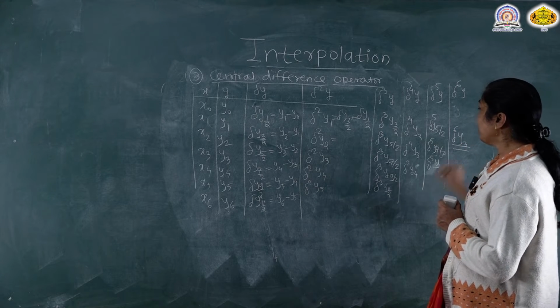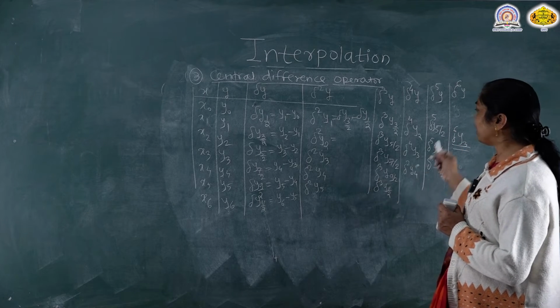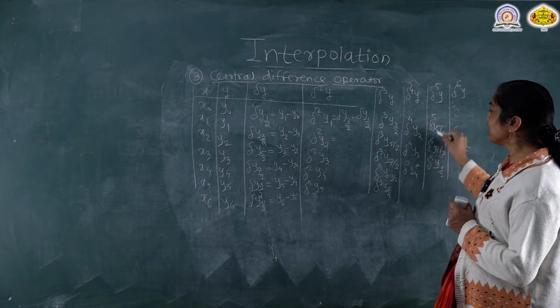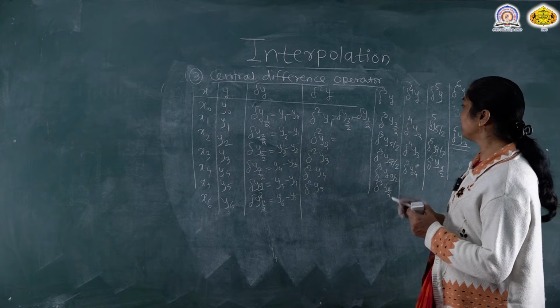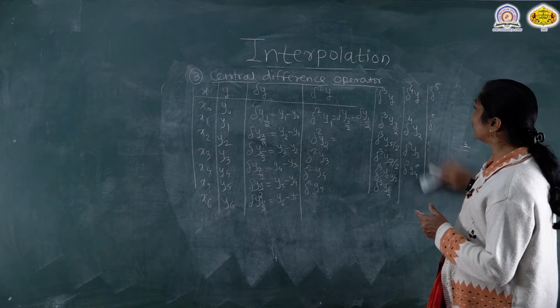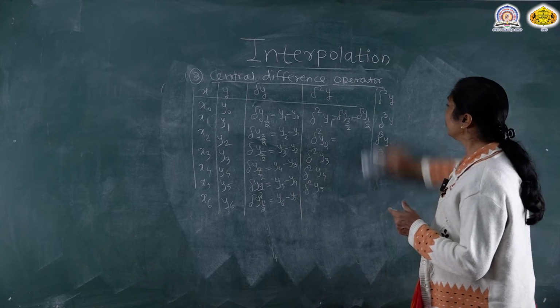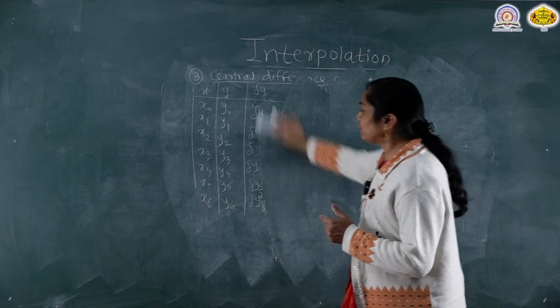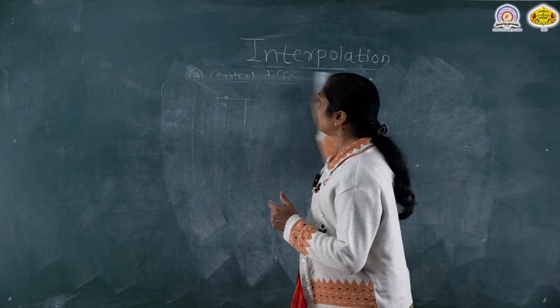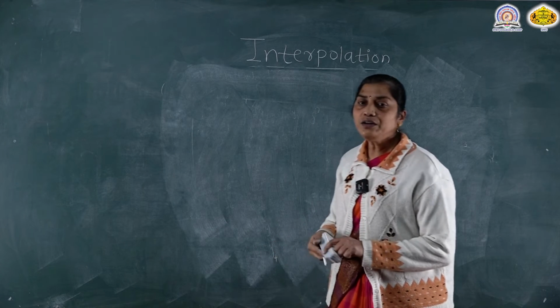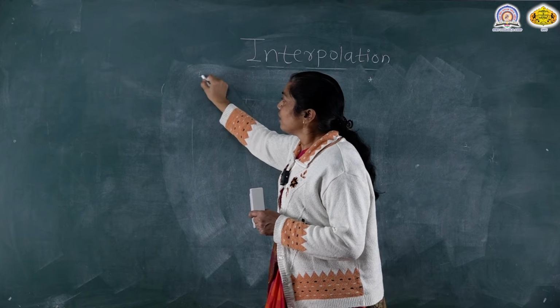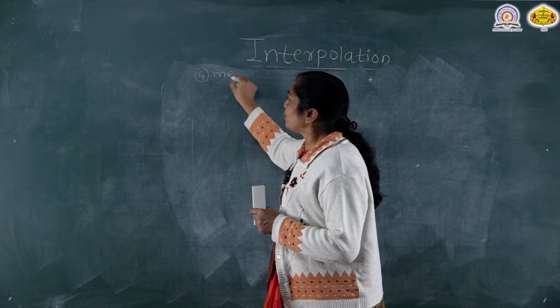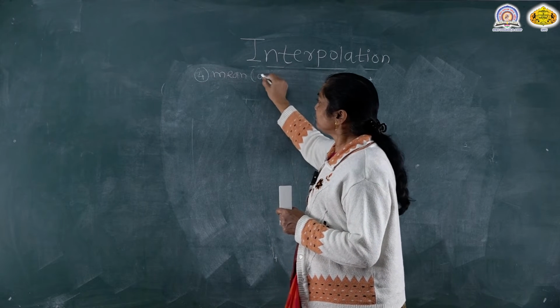So in the end, we will get the value delta raised to 6 y3. It is the difference between these two values, delta raised to 5 minus delta raised to 5. So that will give us delta raised to 6 y3. So observe that the differences are nothing but central differences. The next one is the mean or averaging operator.